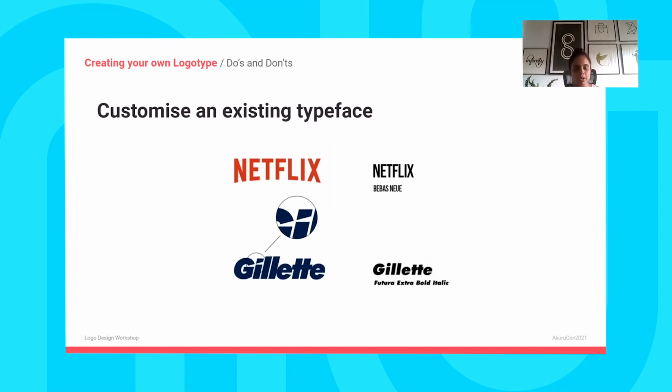Then you can try to adopt the idea behind the brand, or the products or services they offer, and embed it into the word mark, like Netflix. Netflix is made out of Bebas Neue, and in black you can see how it looks if you just type it using Bebas Neue.